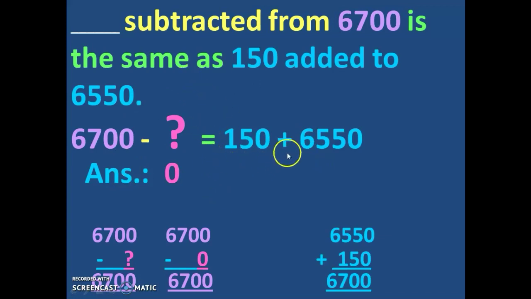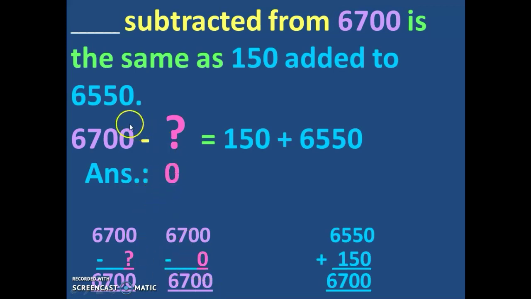So if it is 6,700 here, then evidently here also it should be 6,700 only. Here we are going to see that rule number 2 in subtraction applies. That is property number 2: when 0 is subtracted from a number, you get the same number. That is, 6,700 minus 0 will give you 6,700.